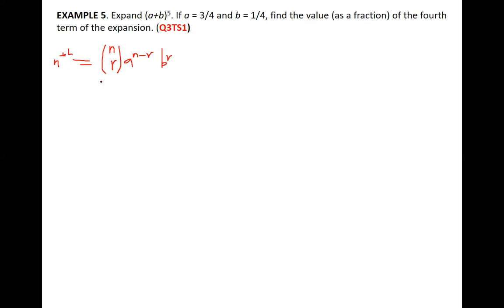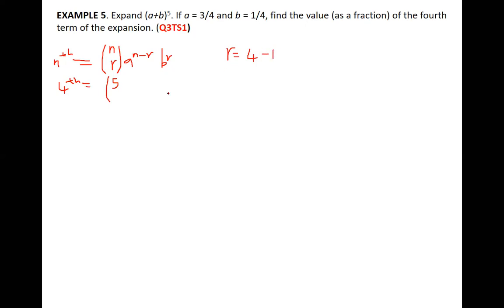Like that. So now to find your fourth term, you look at your n. Your n is 5 in this case, and then your r. To find r, what term have we been told to find? We've been told to find the fourth term. So r is equal to the fourth term minus 1.